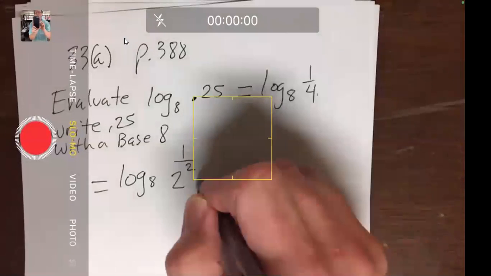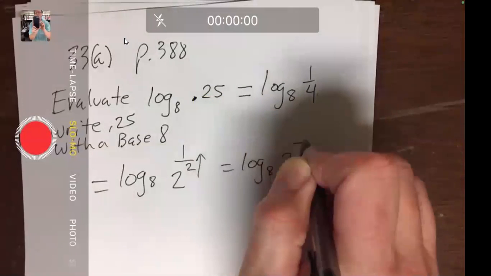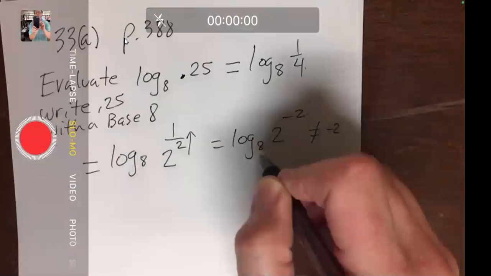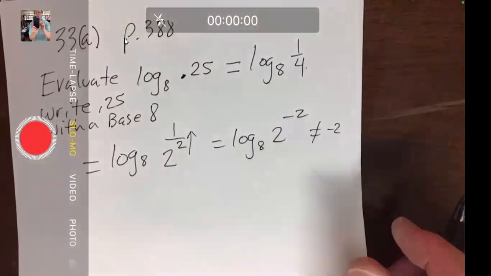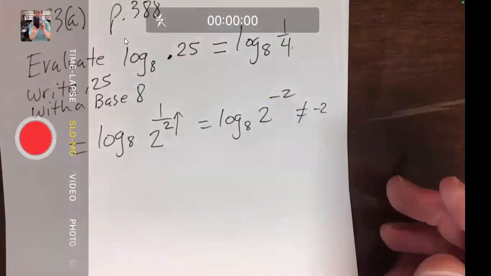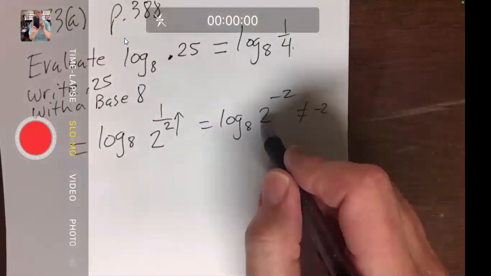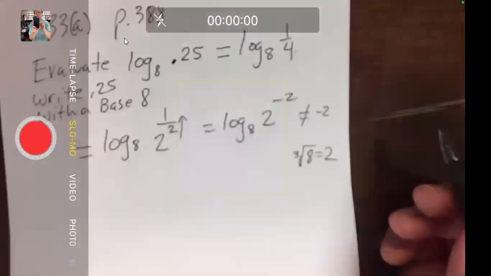Then I can move that up, and that's log base 8 of 2 to the -2. See, this still is not -2, these do not match. I do know the relation between 8 and 2: the cube root of 8 is equal to 2.